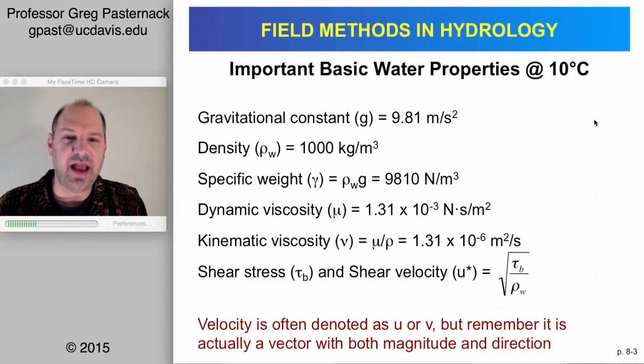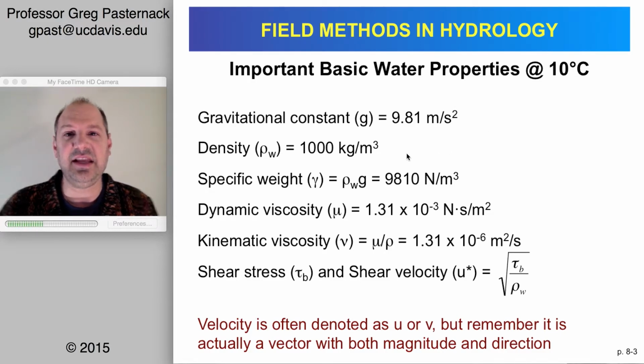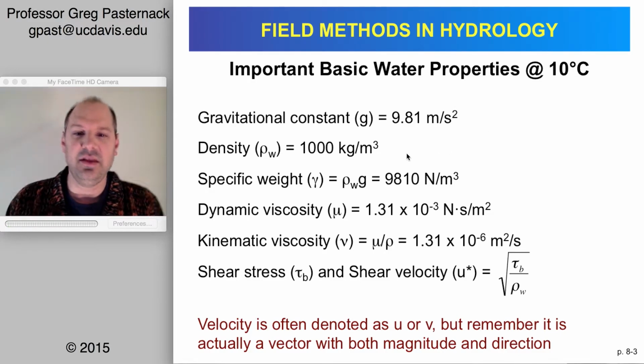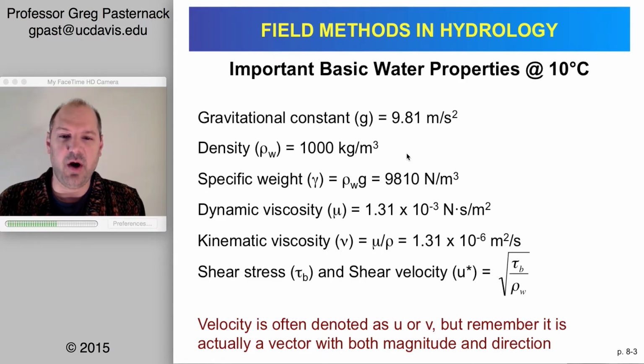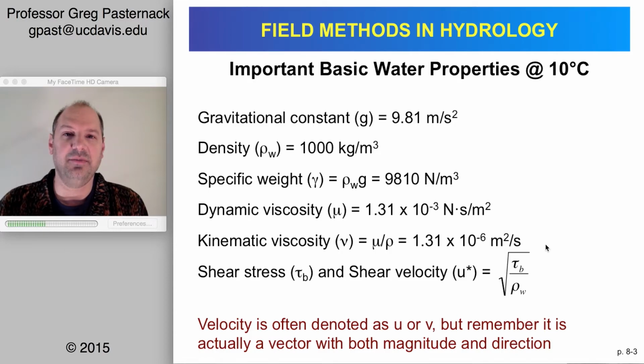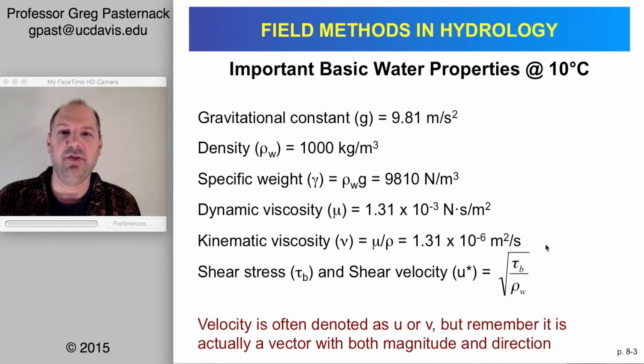Okay, so some of the constants, obviously g, the gravitational constant. Water density is going to be very important, just the mass per unit volume of water. Specific weight, dynamic viscosity and kinematic viscosity, and these two show the ability of water or any flow as a medium to deform as it's imposed on by the force of gravity.